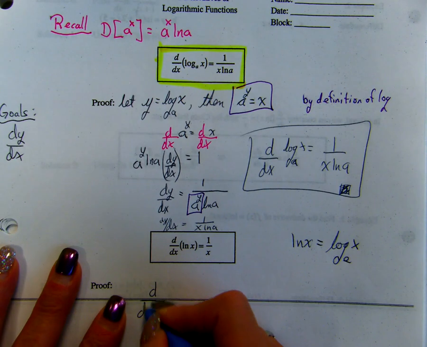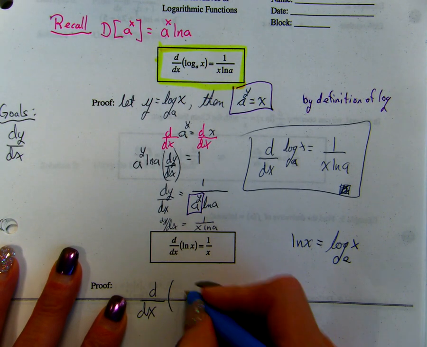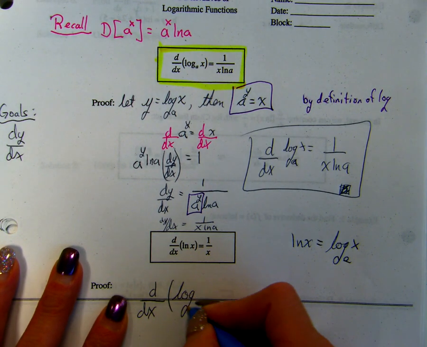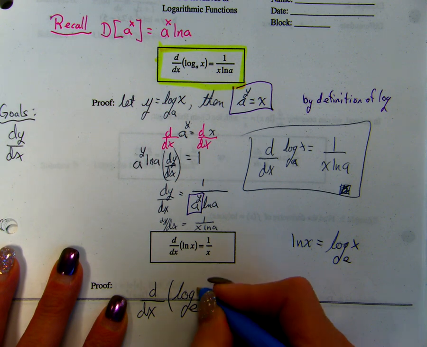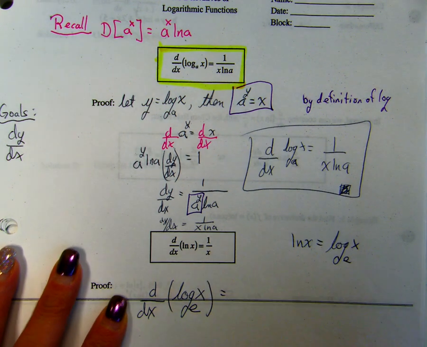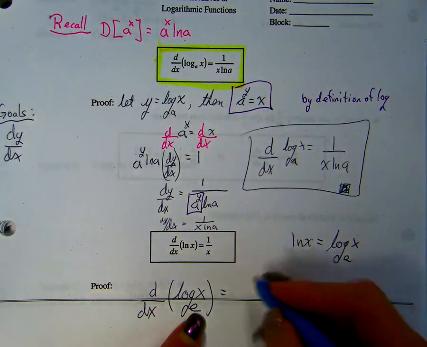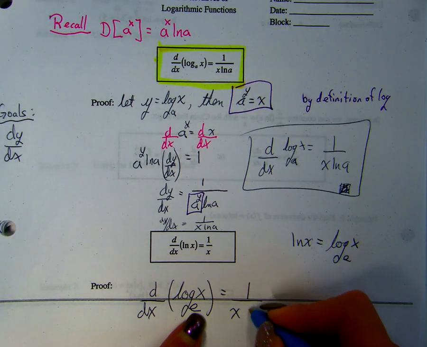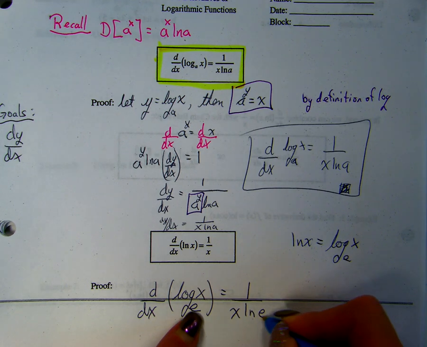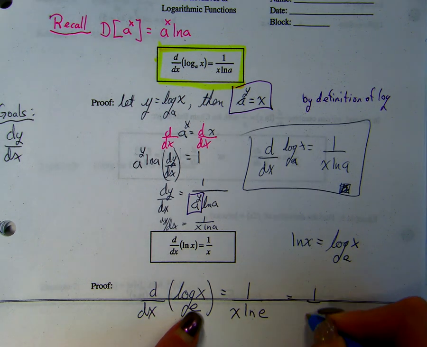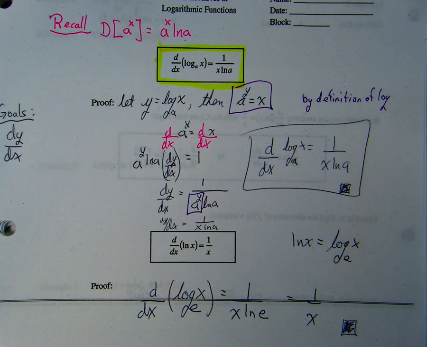So the derivative with respect to x of ln x is the same as the derivative with respect to x of log to the base e of x. Look at our derivative definition. This is just 1 over x times the ln of e, which gives me 1 over x. Done.